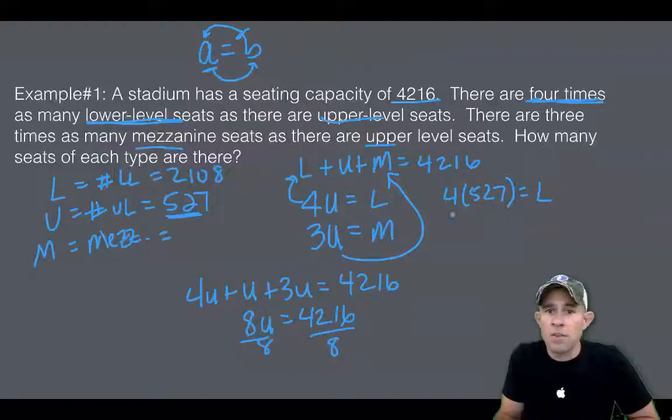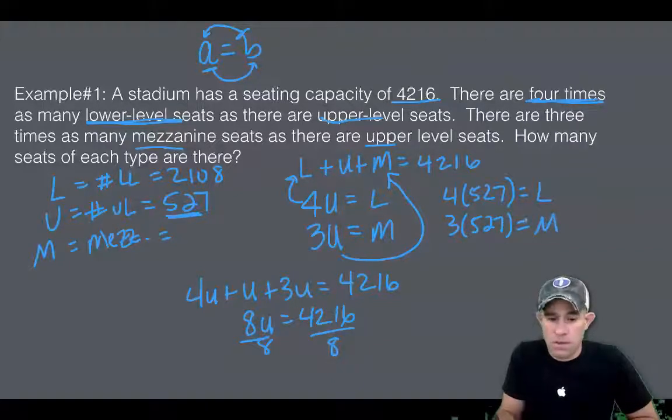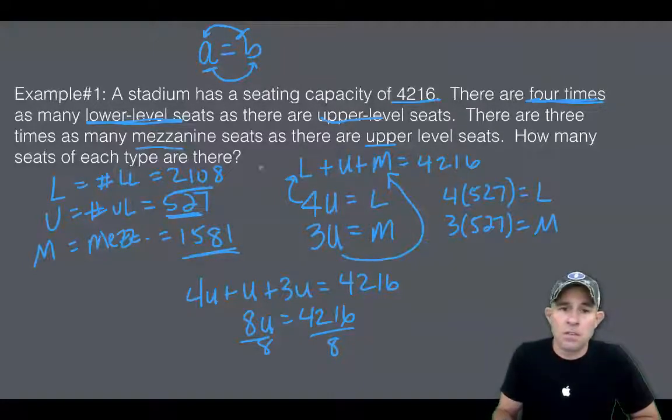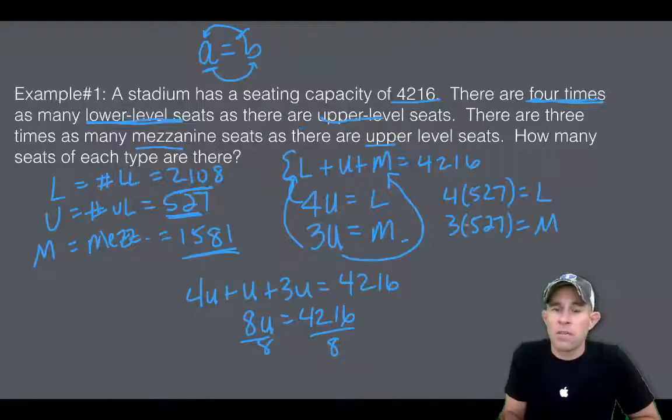And finally, my mezzanine seats would be 3 times that 527, and I get 1,581. So there's an example of how we can use substitution to solve a system of equations, with our 3 equations right here in the middle.